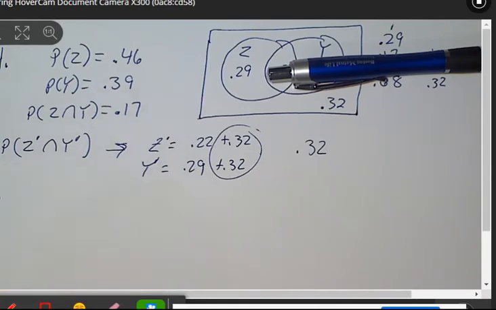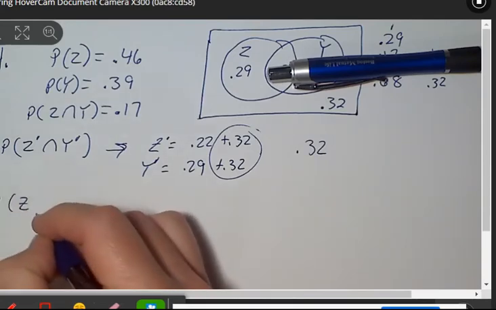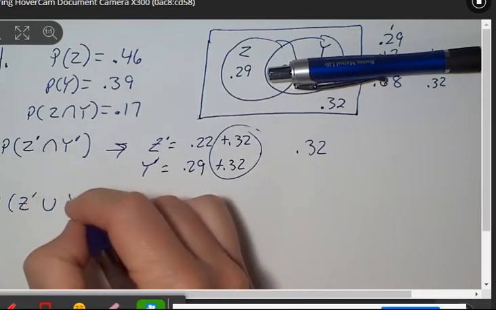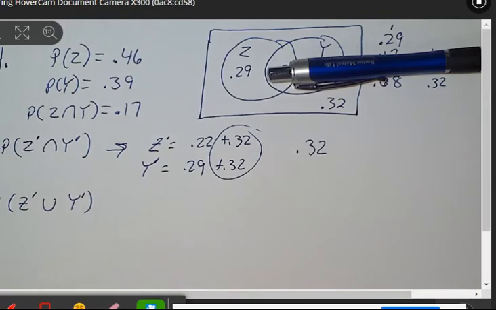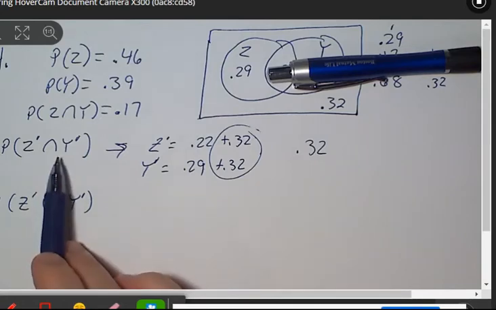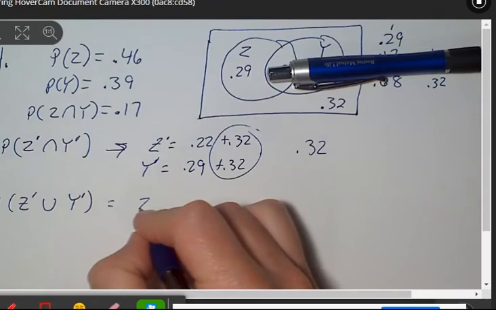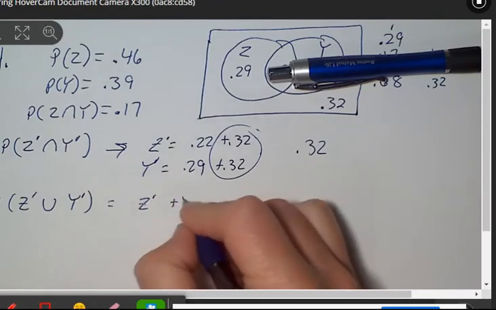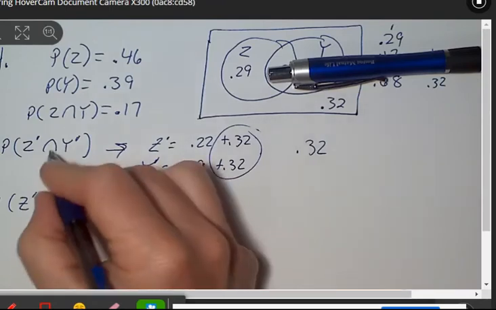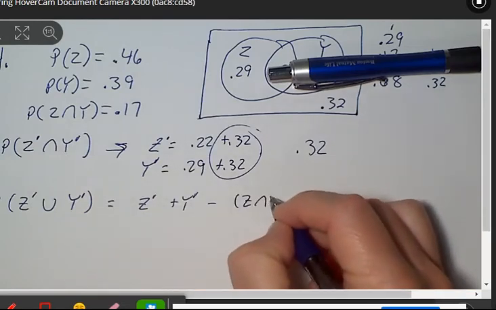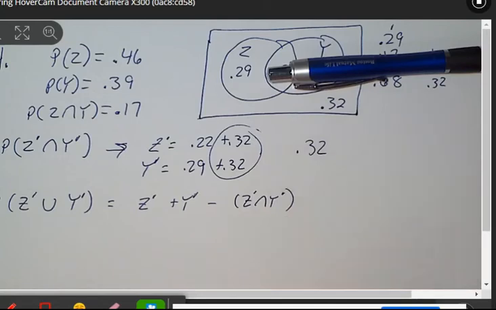All right, the second thing they're going to ask for is the union of Z prime and Y prime. In that case, to me, that one would be an easy formula to use, because with Z prime union Y prime, this just needs to be Z prime plus Y prime minus what we had for the intersection right here, which was Z prime intersect Y prime.